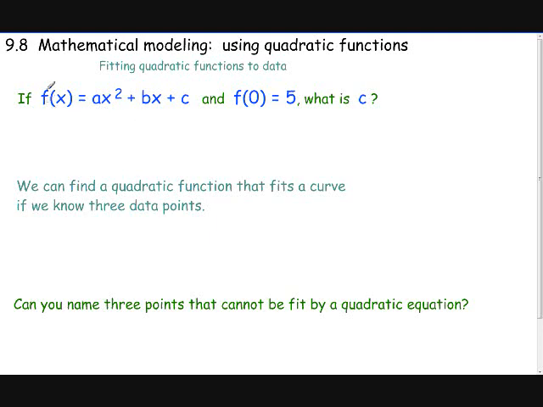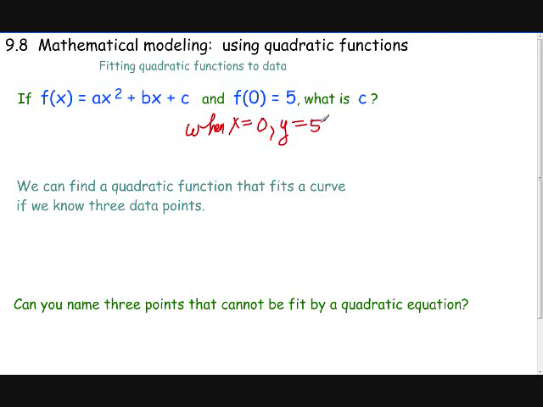If I have a quadratic function f, and I know that when x equals 0, I should write that down, that the function is equal to 5, I'm saying y is equal to 5.